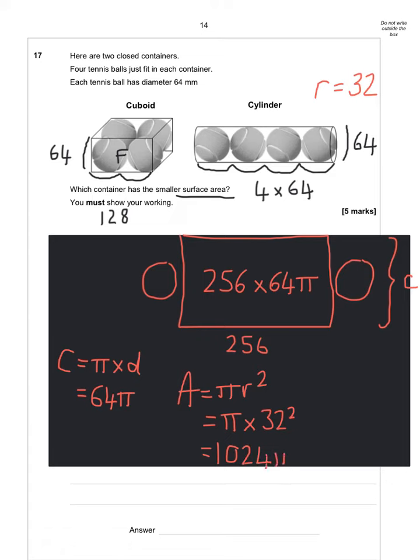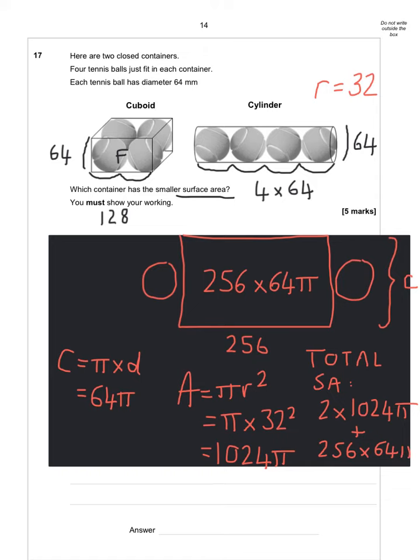Again, I'll just leave it like that for now. So the total surface area of the cylinder is going to be 2 of the circles, because the top and bottom are both circle shapes, so 2 multiplied by 1024 pi, add the rectangle, which was 256 multiplied by 64 pi.